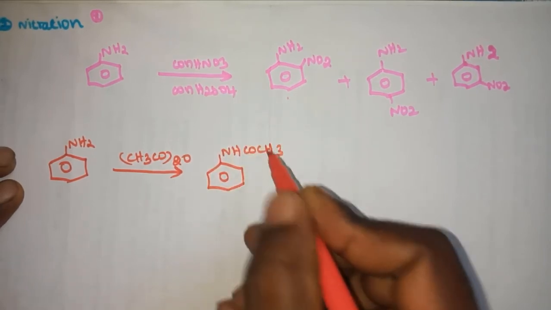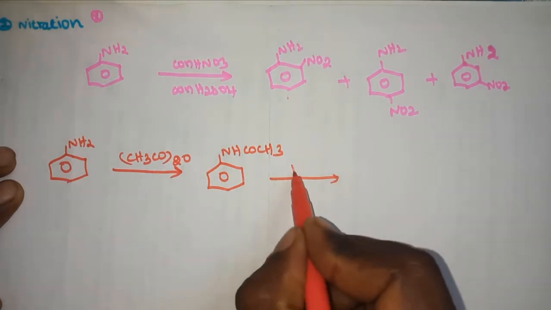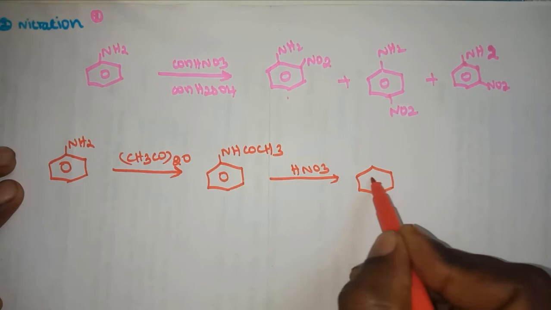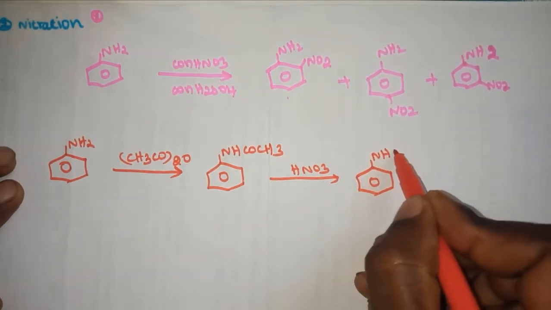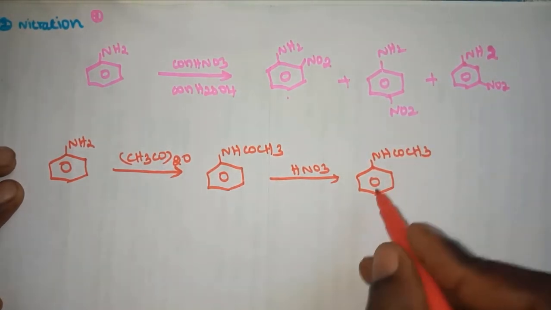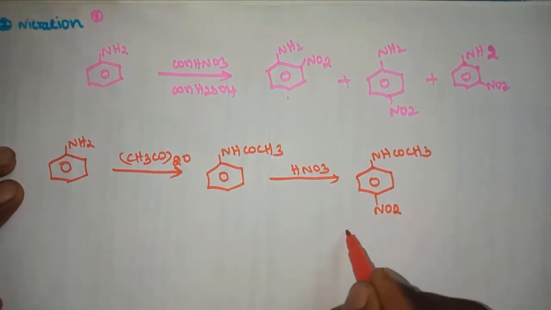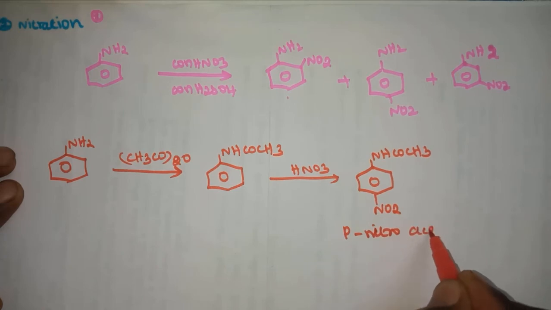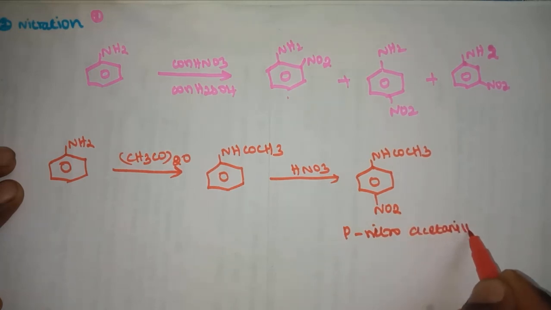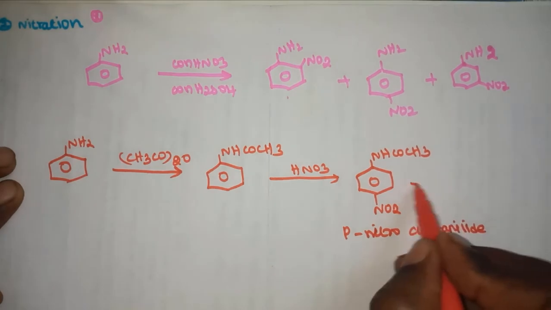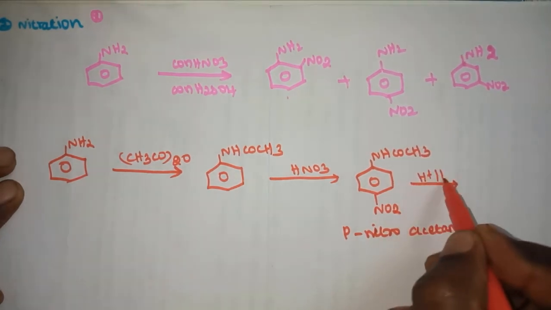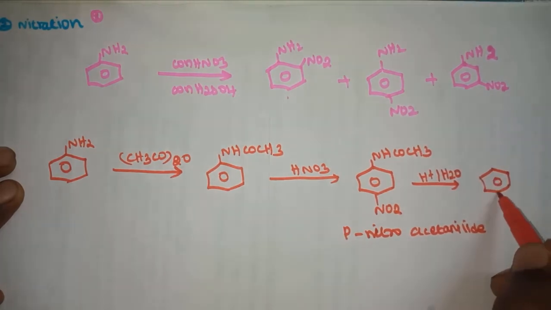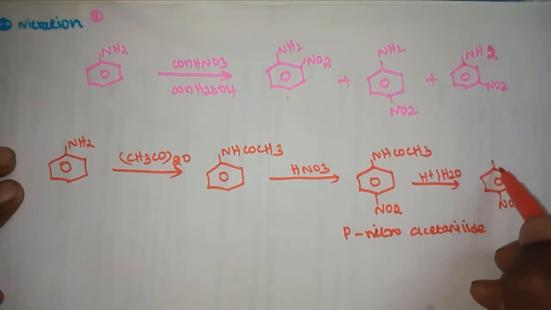This acetanilide undergoes nitration reaction with nitric acid to form para-nitroacetanilide. This undergoes hydrolysis with water to form para-nitroaniline. Only para-nitroaniline is the product.